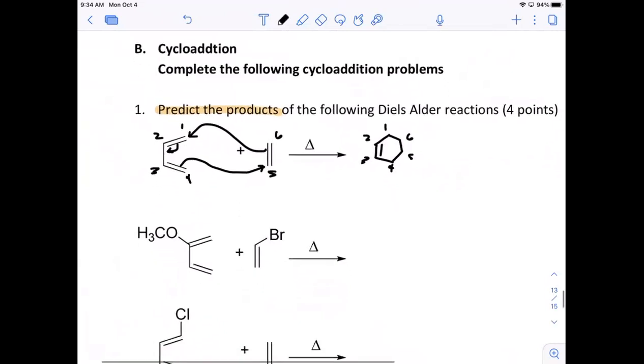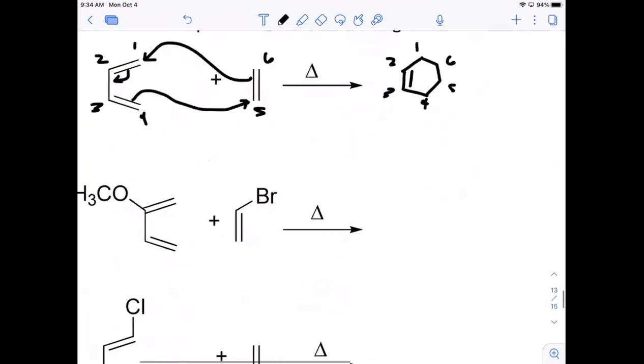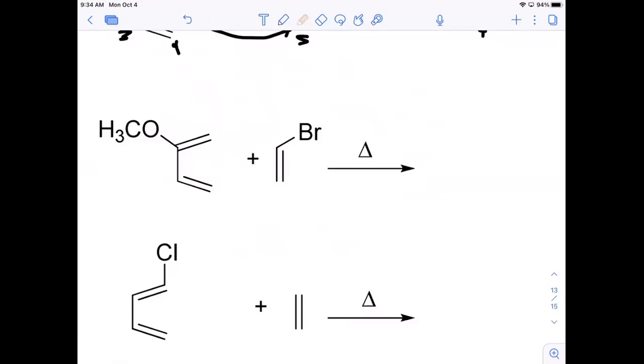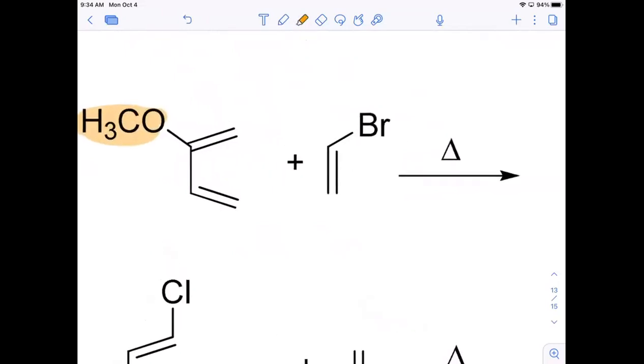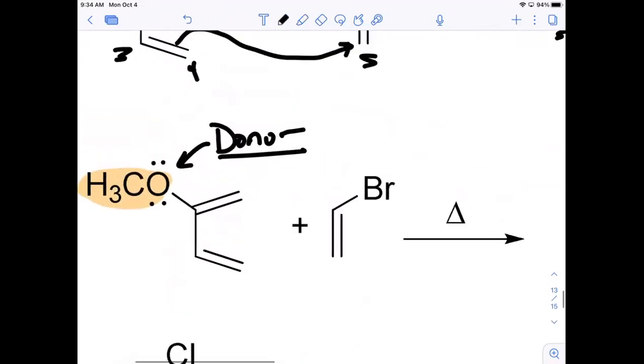Yes. Let's do the next one. All right, we have a substituted diene, and it's substituted with the methoxy group, and this is good. So this is what we would call a donor, right? Let me make it even plainer. It's an electron donor, right?